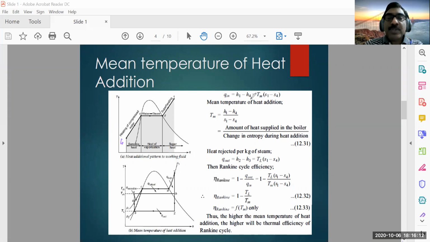Now consider a mean temperature. The temperature is continuously changing from point 4 to point 1. Continuously it is varying and increasing, right? Only during the latent heat of evaporation is the temperature constant.